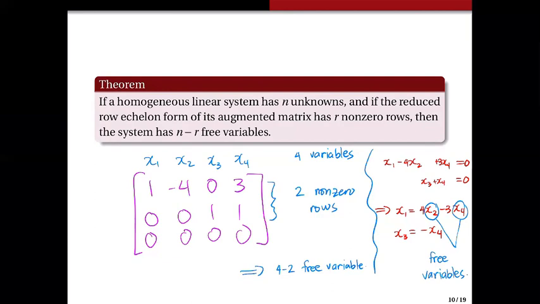Suppose you have the reduced row echelon form of the augmented matrix. It's 1, 1, 2, 3. And then here 0, 0, 0, 0, 0, 0, 0, 0. Homogeneous, take note again, homogeneous. So you will have here 4 variables, x1, x2, x3, x4.